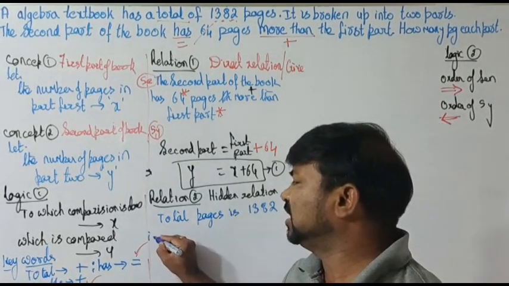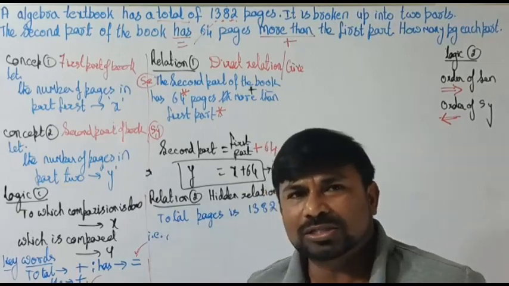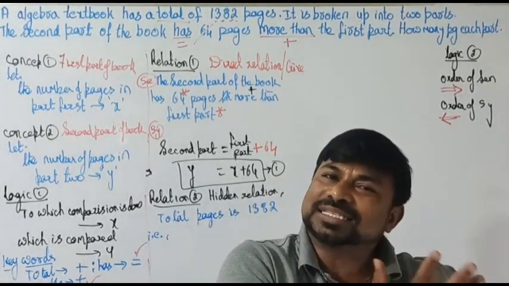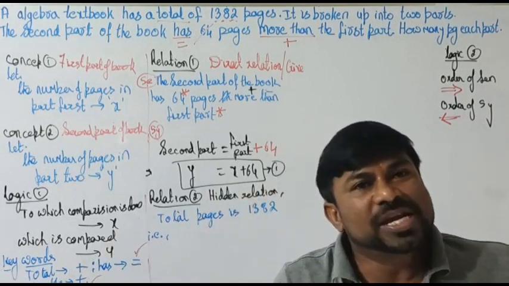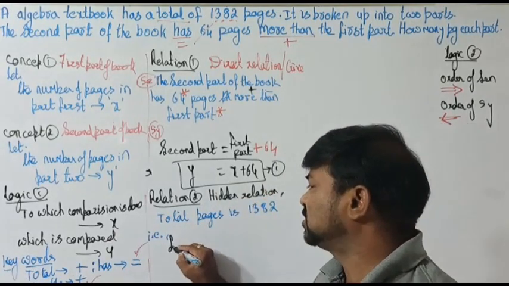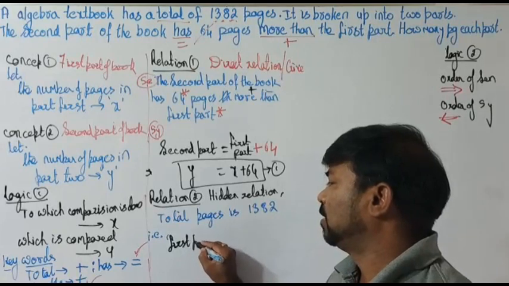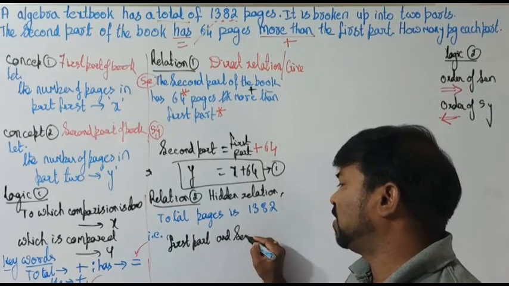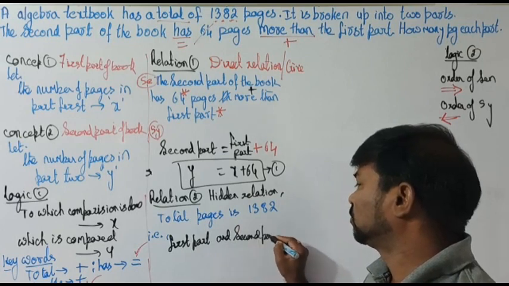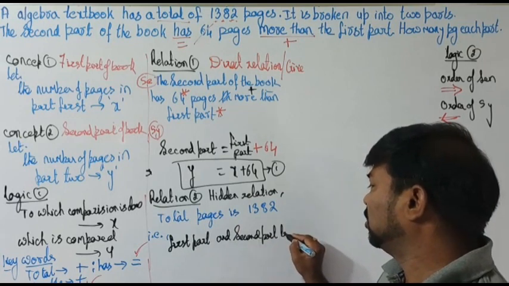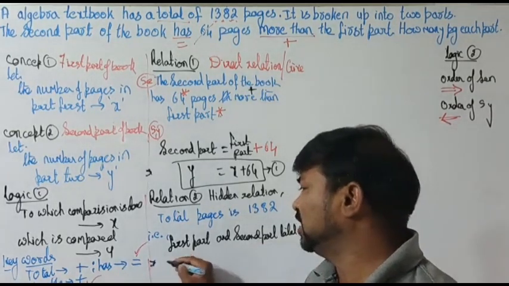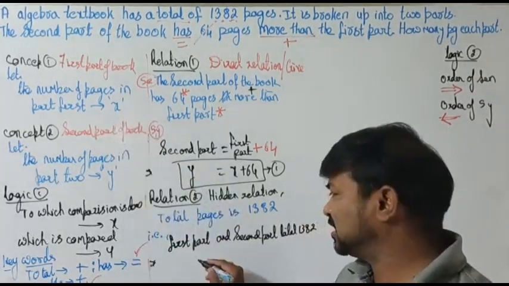What is the meaning of total? Total of what? First part and second part, total is 1382. That's what he says. The first part we are calling x.